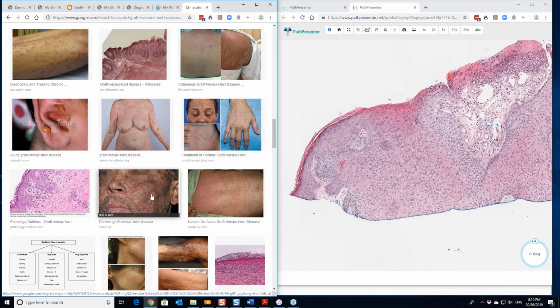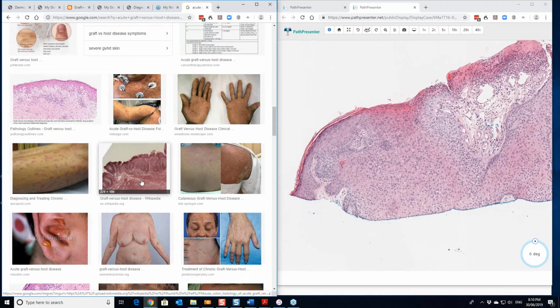And with chronic GVH, that's when you tend to get the hyperpigmentation, the sclerosis and the like as well. But the acute one, the histology is very similar to fixed drug, very similar to erythema multiforme.